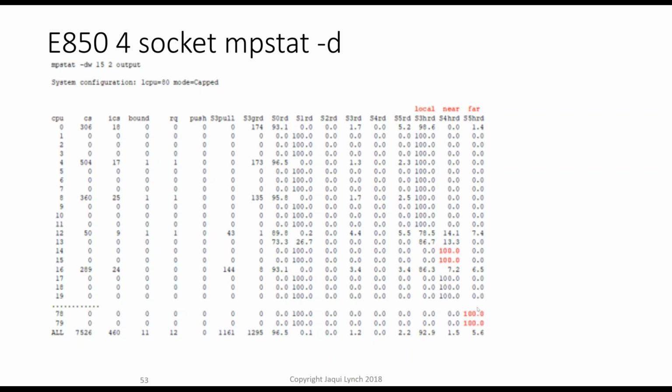Obviously, threads 78 and 79 are getting dispatched to a different socket, and that can happen. In the case of an E880, this would be, let me get this right, same socket and different node. I think that's the terminology. So with something like this, where I've only got a few like this, I'm not as worried. But if I start to see it all over the place, then I'm going to start to wonder whether I used the correct bring up order.